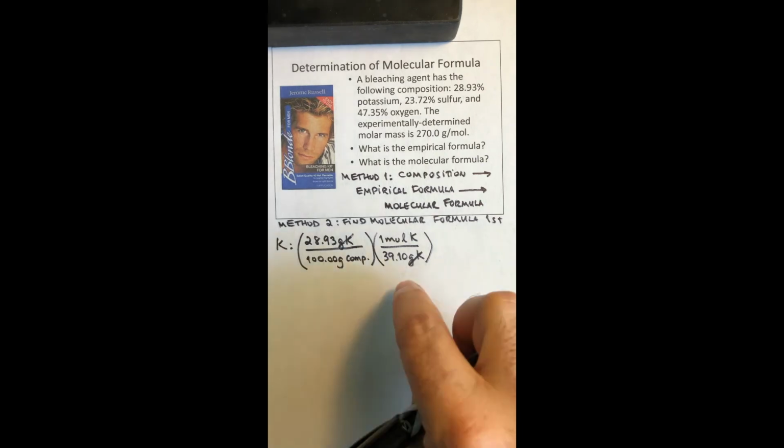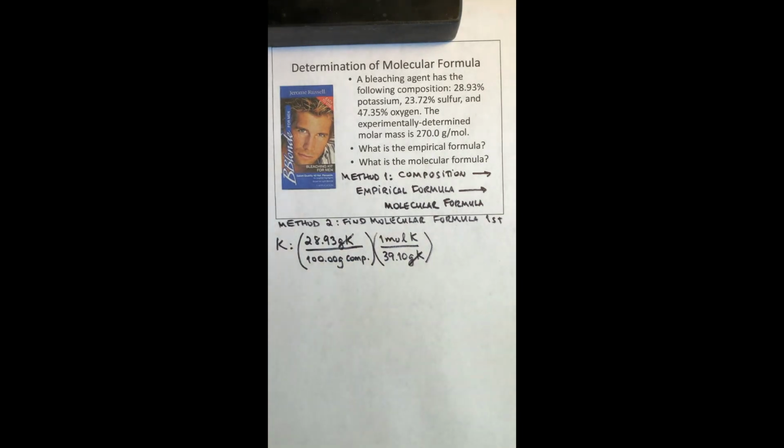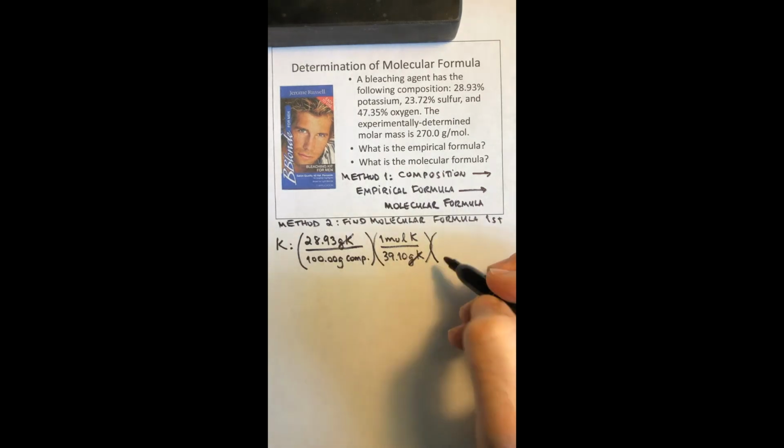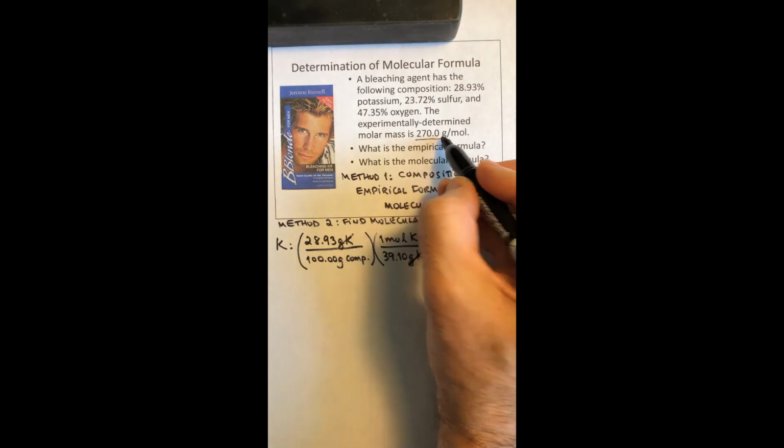But what I'd like on the bottom would be the moles of compound. What can I use as a conversion factor? Well, we've used it before. It's the molar mass. They're telling us that the molar mass is 270.